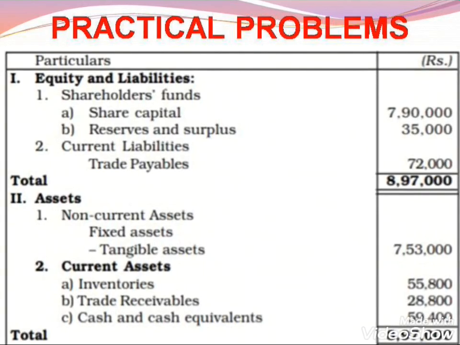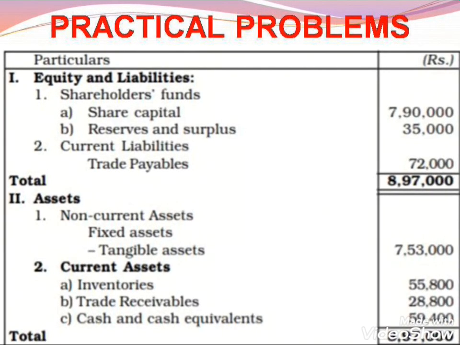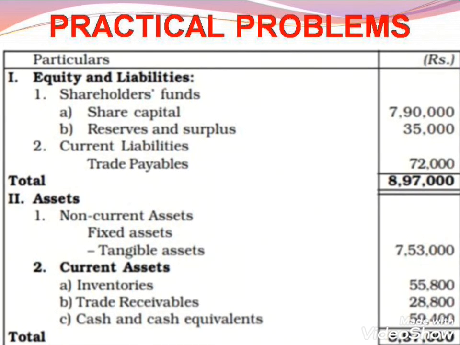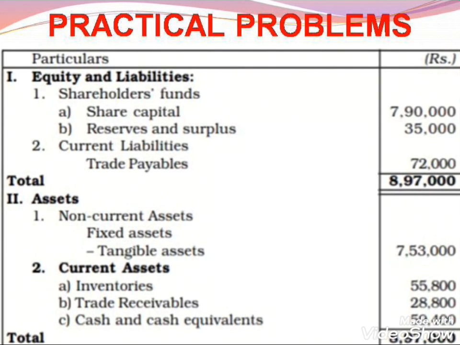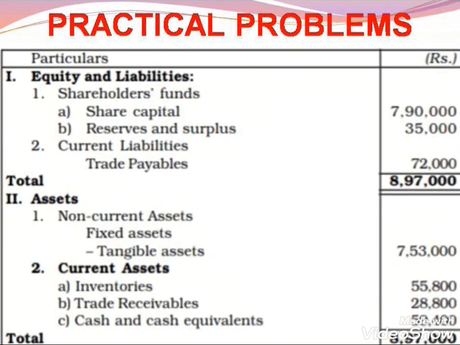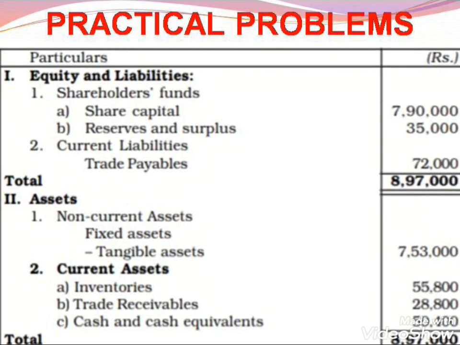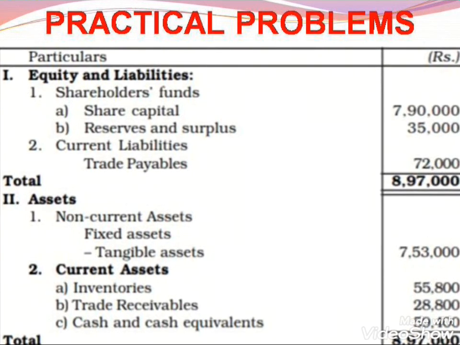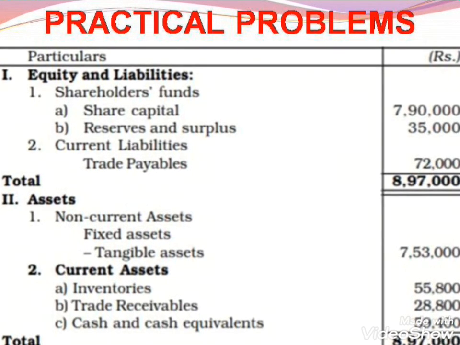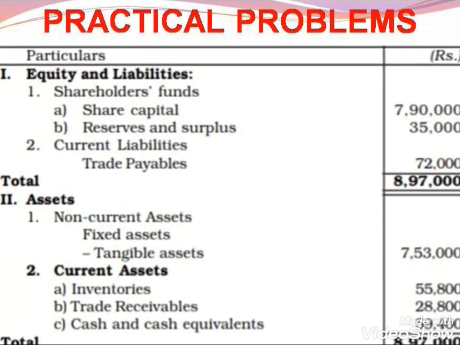This is illustration number 1. There is another practical problem taken from NCERT book. In this practical problem, a balance sheet is given consisting of equity and liabilities section. Under it, there are shareholders funds and current liabilities, and in the assets section, there are non-current assets and current assets. On the basis of this balance sheet, we have to calculate current ratio as well as acid test ratio.